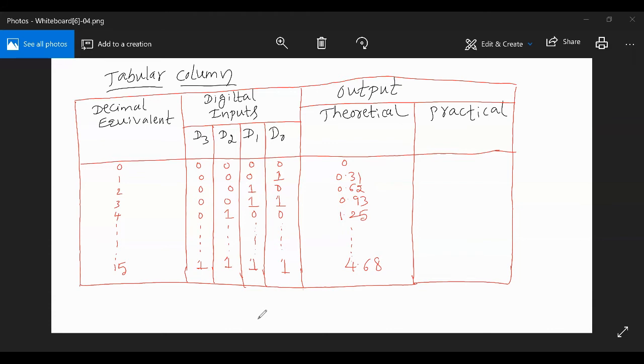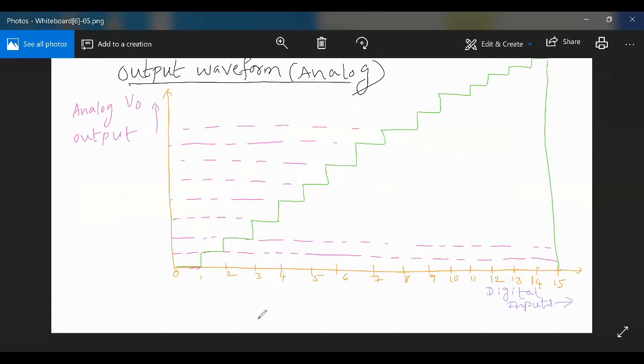So this is the analog output we get after plotting all the output voltages with respect to the applied digital inputs on the normal graph sheet.